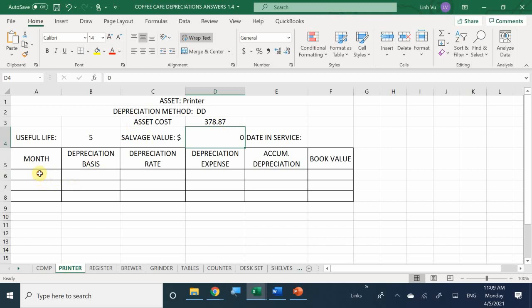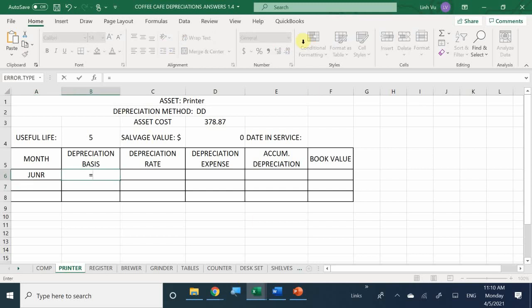Okay. So once again, we're doing the month of June. The depreciation basis is going to be your beginning of the year book value, which in this case is my asset cost. My depreciation rate is 1 divided by 5 times 2, right? Because you're going to depreciate twice as much. Okay?